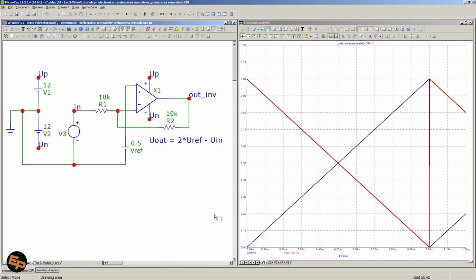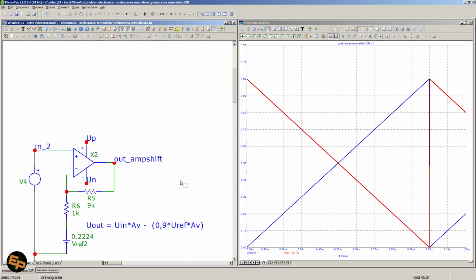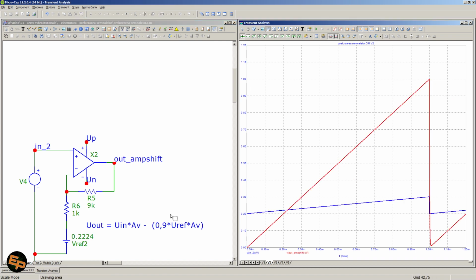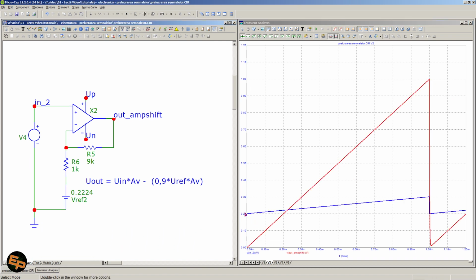Okay, so let's say that we are not in this case, when we just want a reversal of a signal. Let's say that we are in this particular case. We have an input signal that is very small in amplitude. In my example, it varies from 0.2 to 0.3 volts, so only 100 millivolts amplitude.